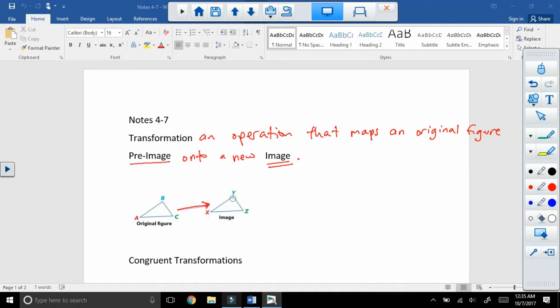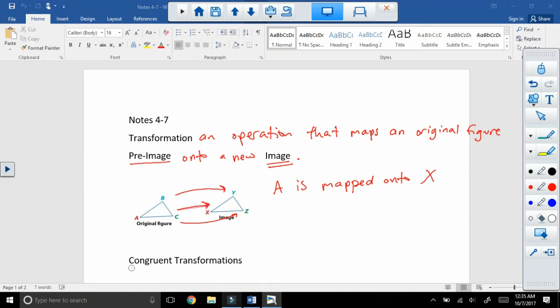And looking at this, you could say that A is mapped onto X, and you could say B is mapped onto Y and C is mapped onto Z. And you could write those out if you want to. It's not a huge deal if you don't.